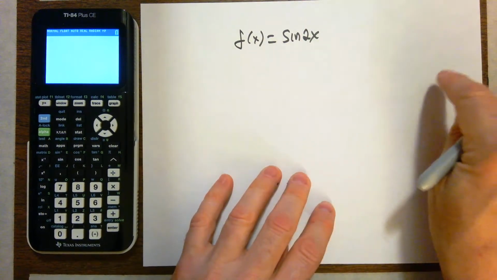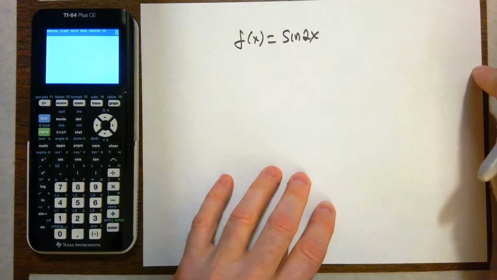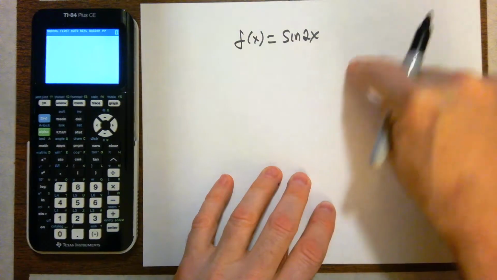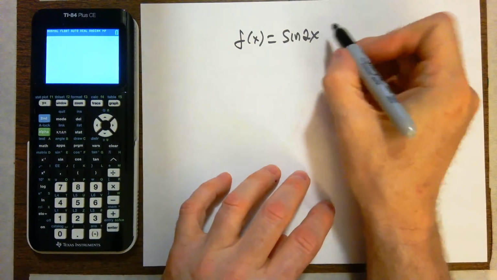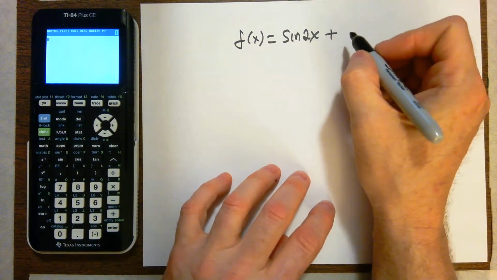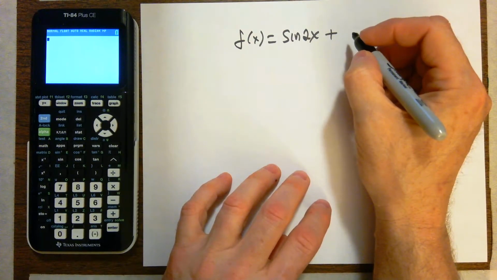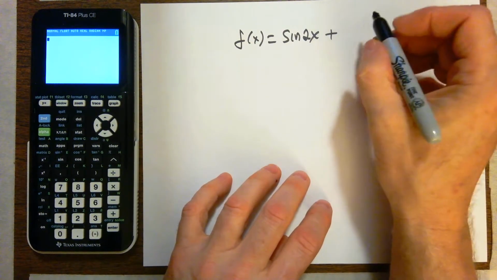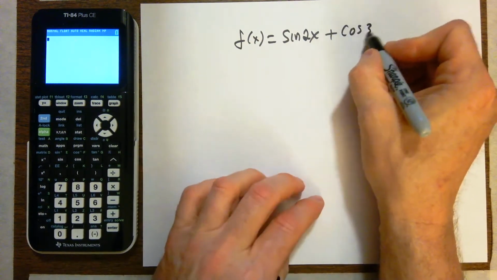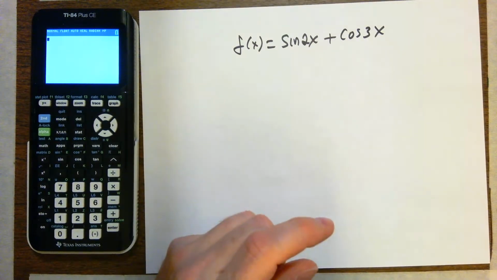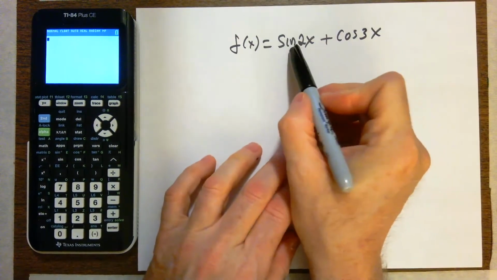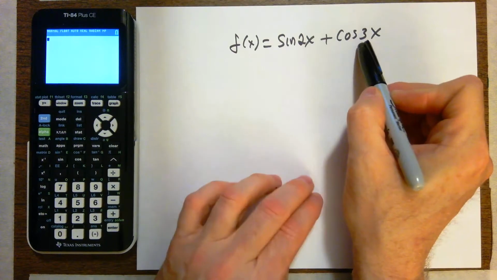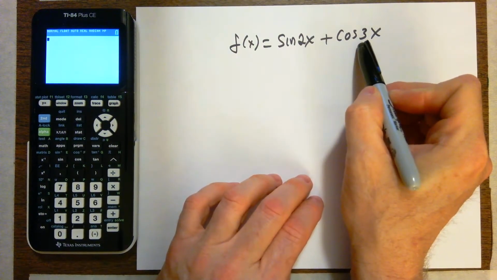So from 0 to 2 pi, instead of being one long between 0 and 2 pi, there would be 2 of them. But I'm not done, because this is going to be the f of x equals the sine of 2x plus the cosine of 3x. And we know what sine of 2x looks like by itself, and the cosine of 3x, we know what that looks like by itself.